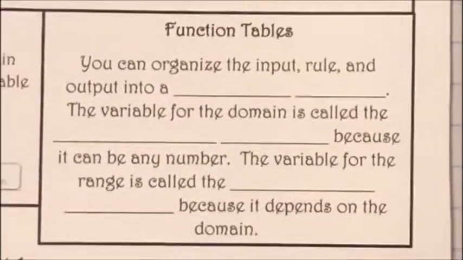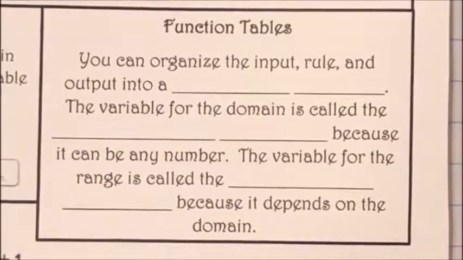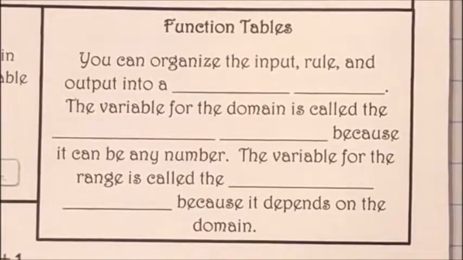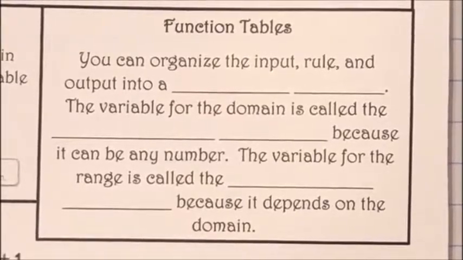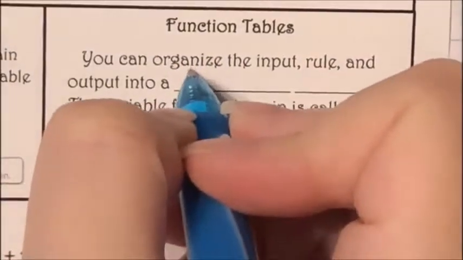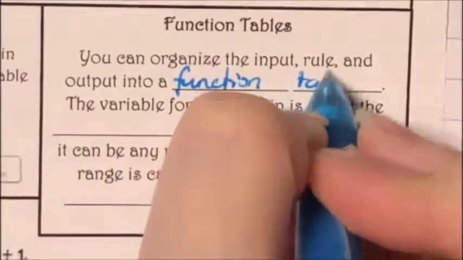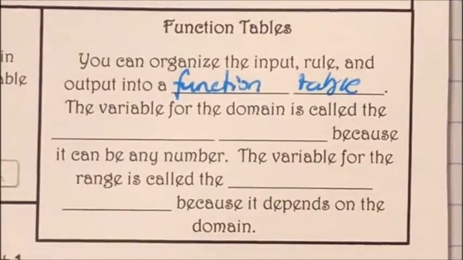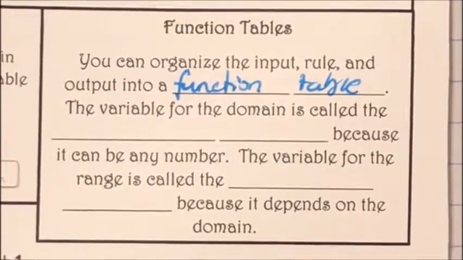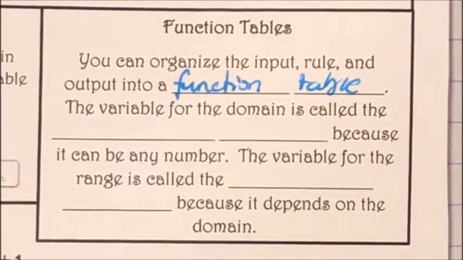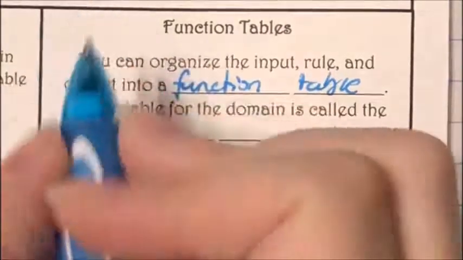So, function tables. You can organize the input, rule, and output into a blank blank. In those two blanks, you're going to write function table. The variable for the domain is called the blank blank.